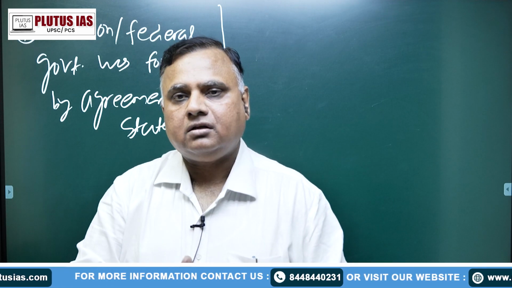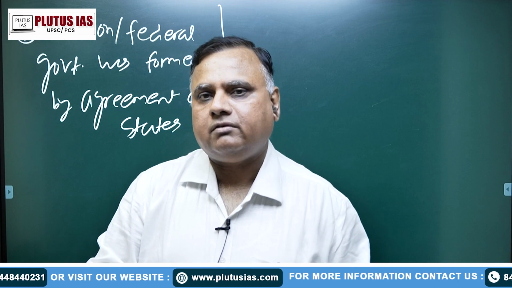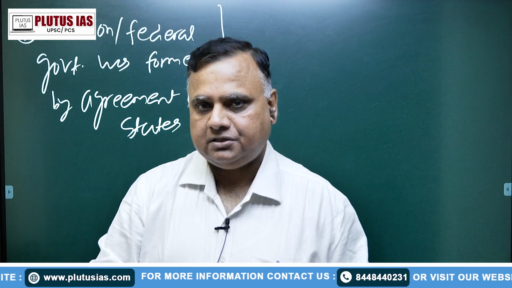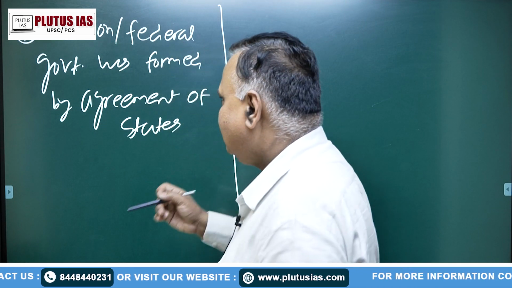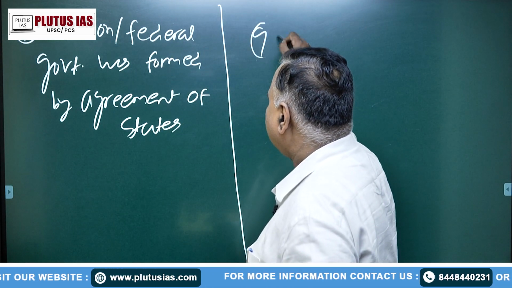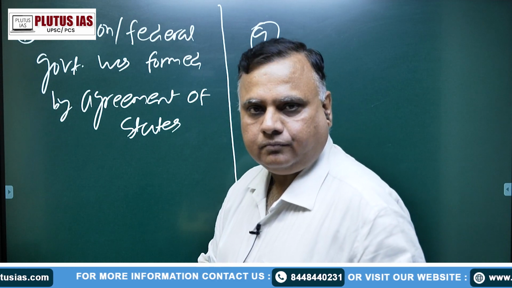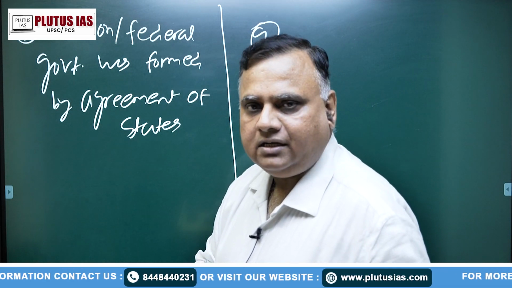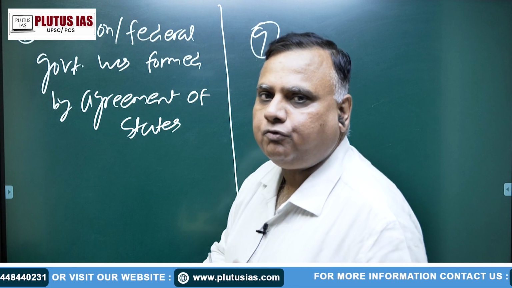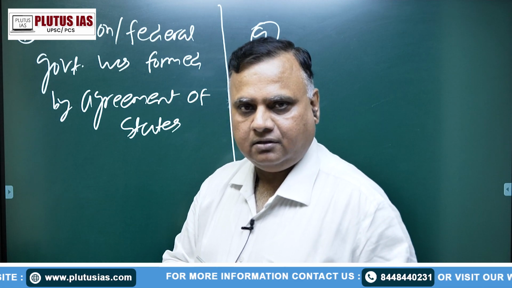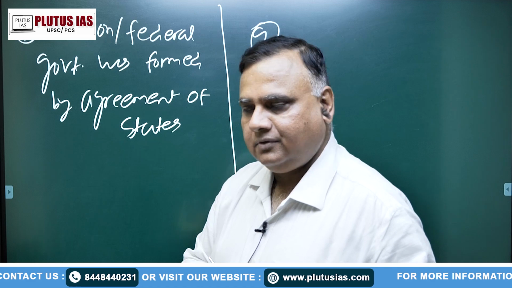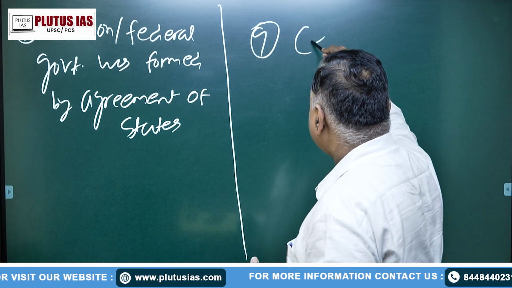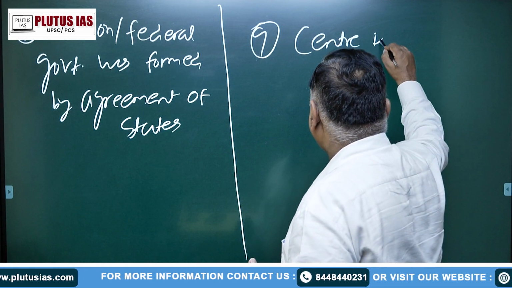Why are they coming together? They are coming together to form the central government. So the birth of the central government was the result of an agreement between the states. So states are prior to the center. In unitary polity, the center is not formed, or the central government is not formed, by agreement between the states. In fact, it is prior to the states. So the center is prior to the states.